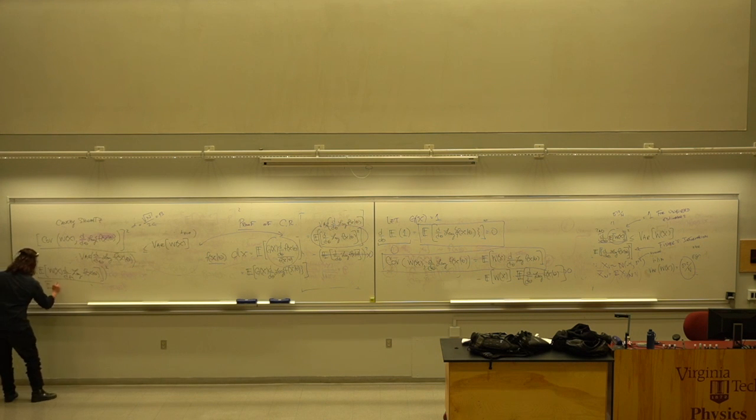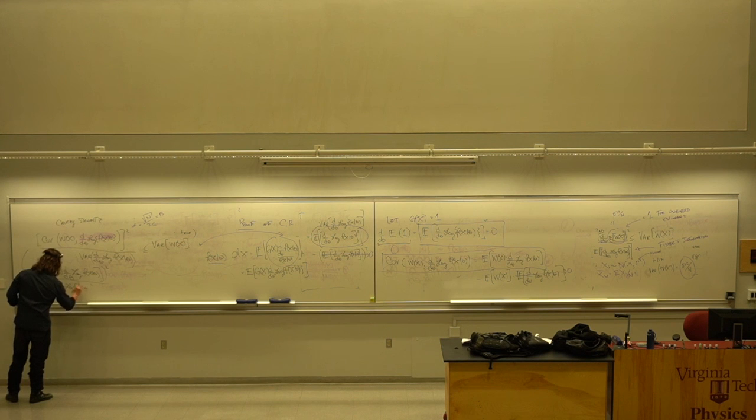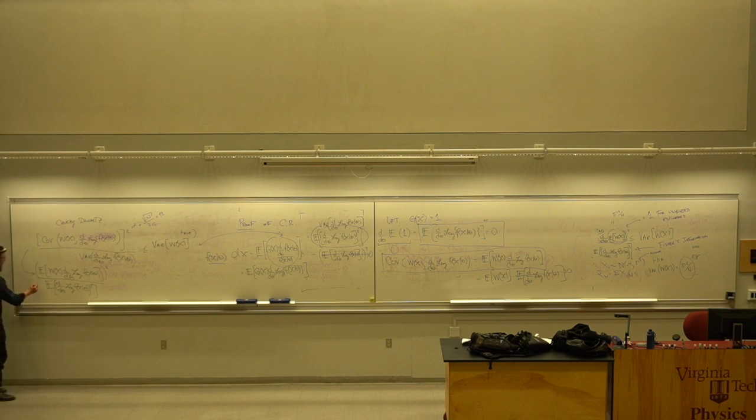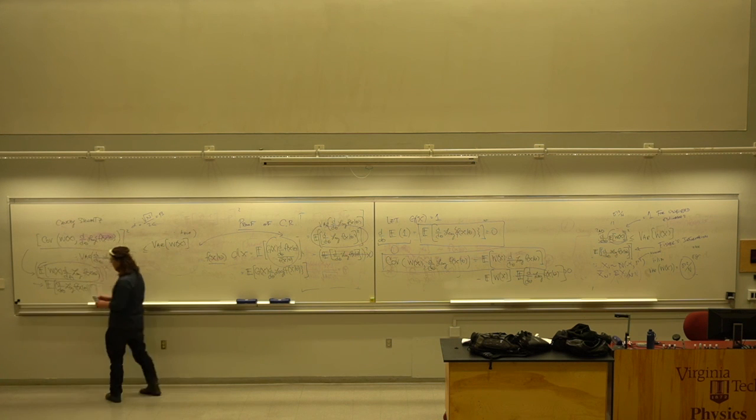Expectation of the derivative of log f of x given theta, squared. This is Fisher's info. This thing right here, we have another name for it. And we've made a proof about this already.